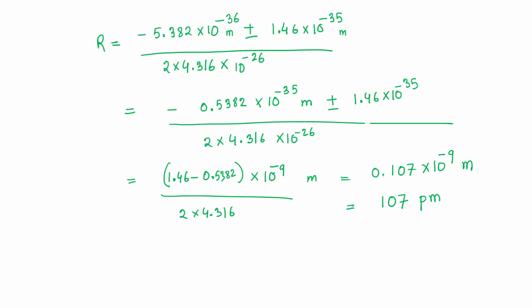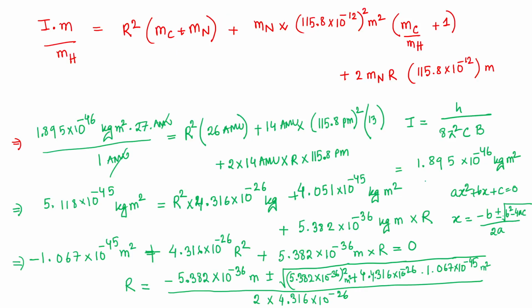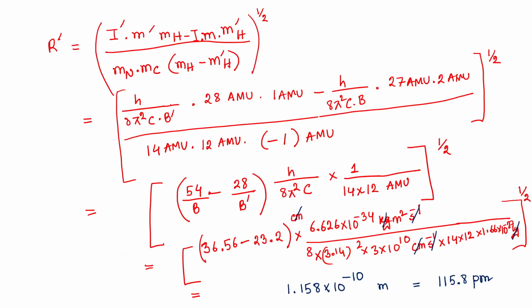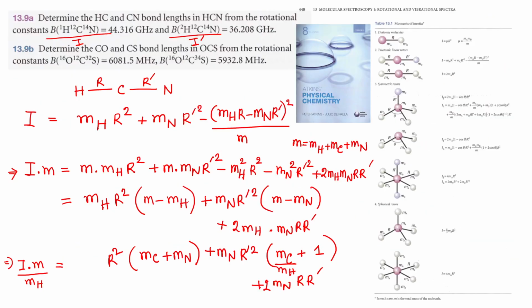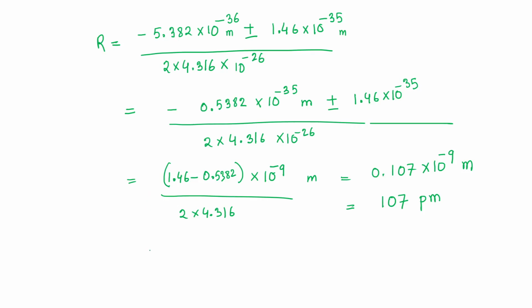But I guess this is coming less, right? So the CH distance is lesser than, I guess, the C triple bond N. It can be, because your C single bond N is going to be higher than C triple bond N. So what we have here is your CH distance is 107 picometer, and the C triple bond N distance is 115.8 picometer.